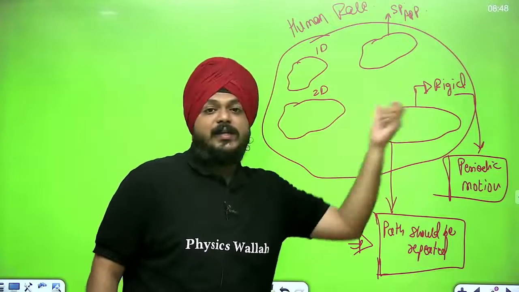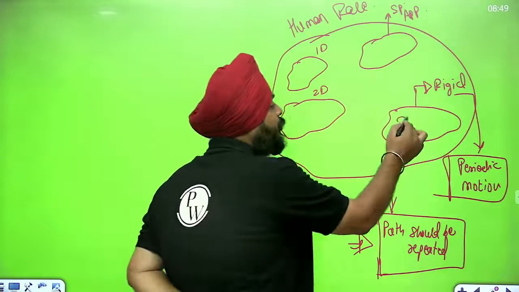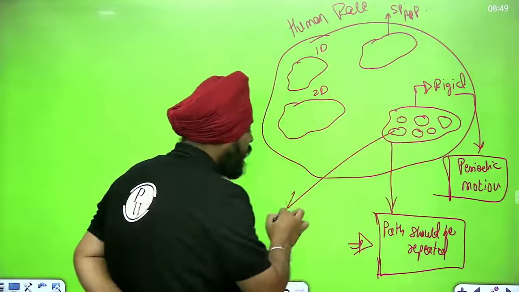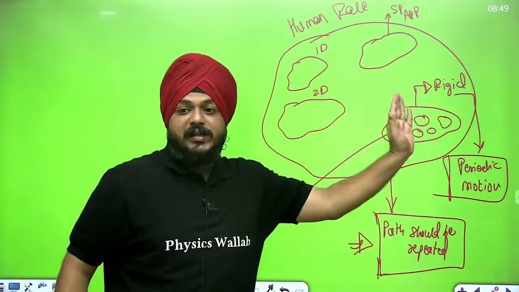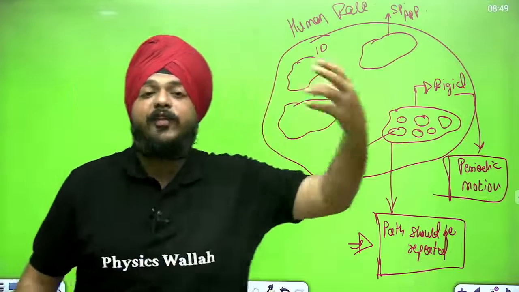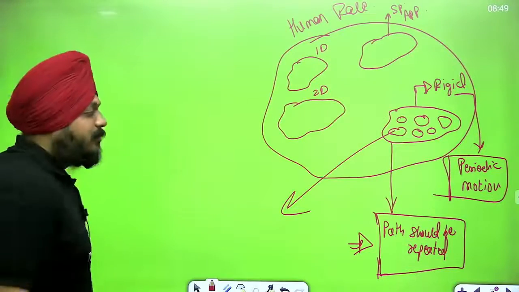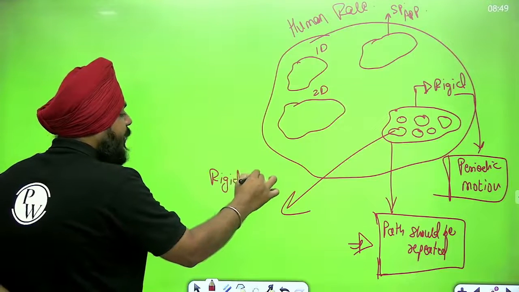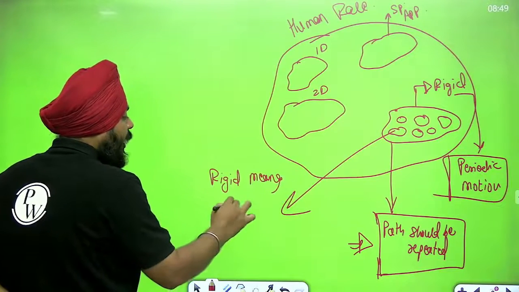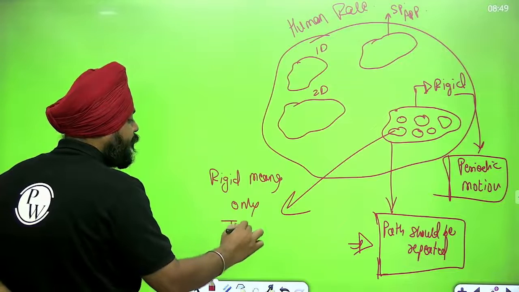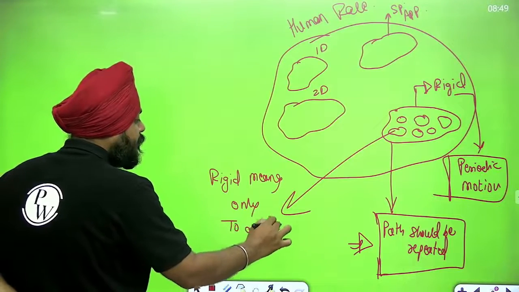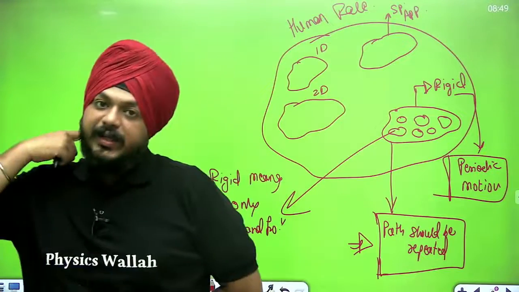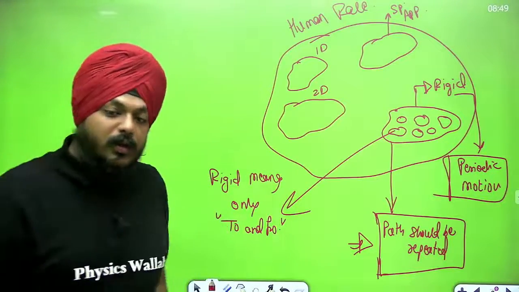Among this civilization, there exist small groups that add an extra feature to this rigidness: only to and fro.